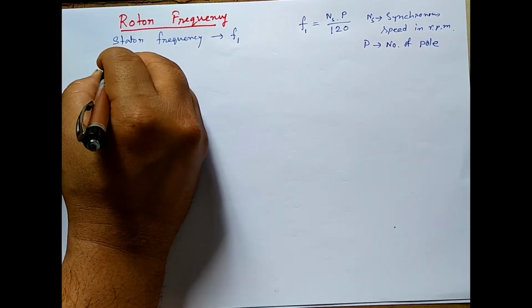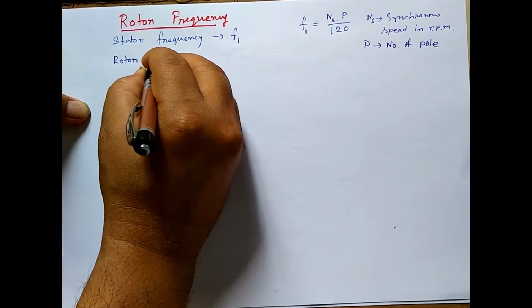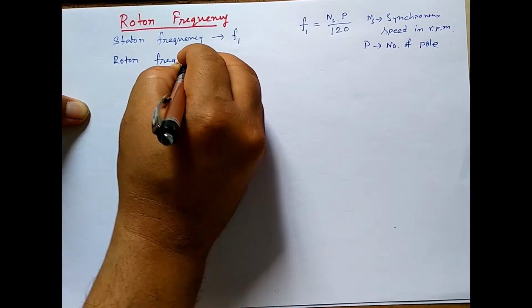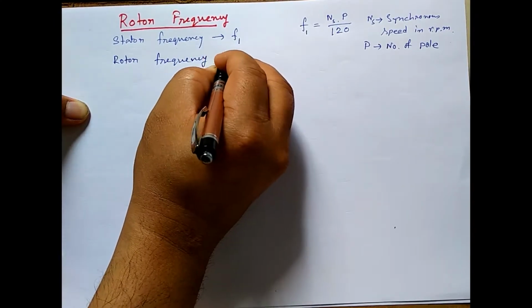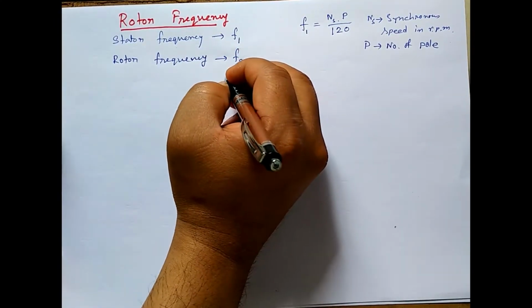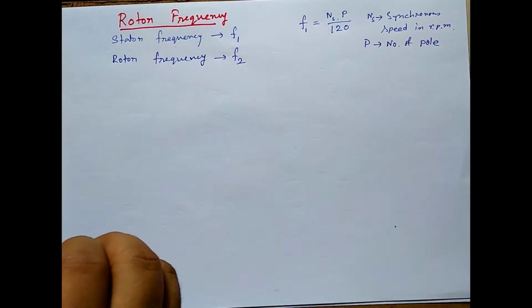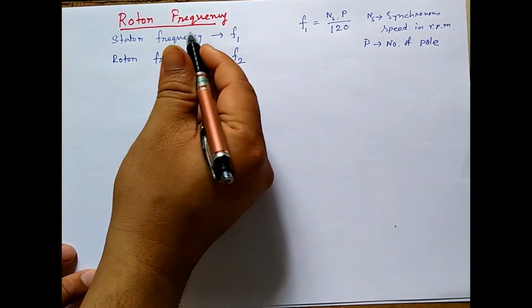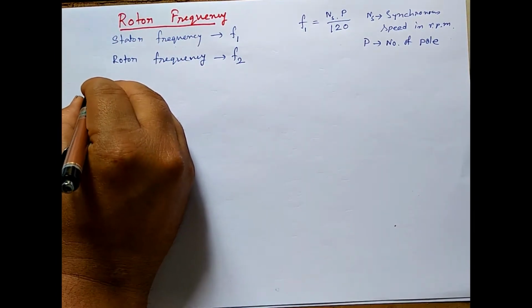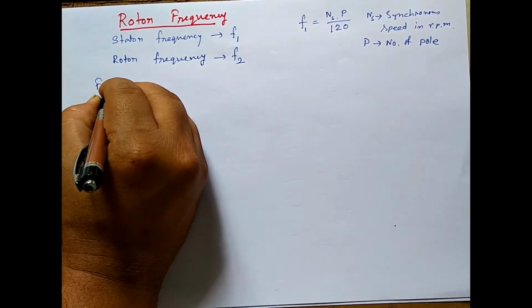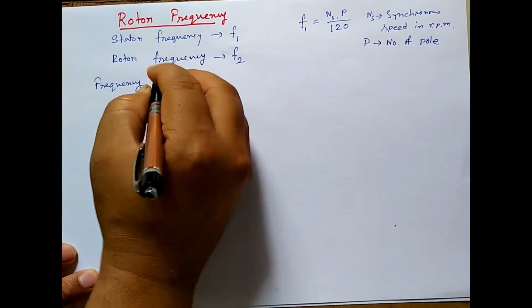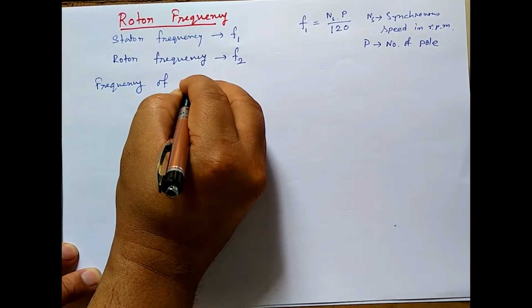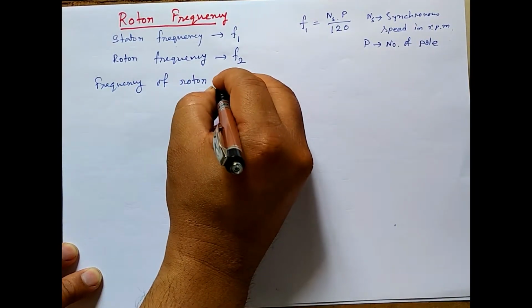Next, the rotor frequency. That is F2. F2 is the rotor frequency. We are going to determine the frequency of the rotor EMF.